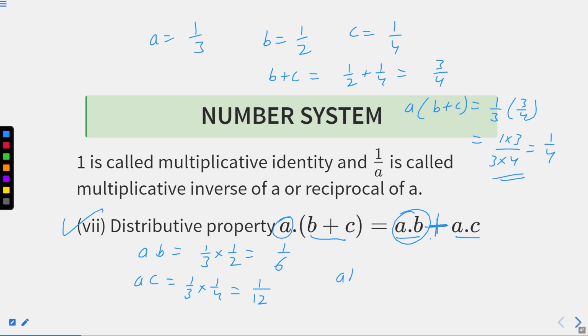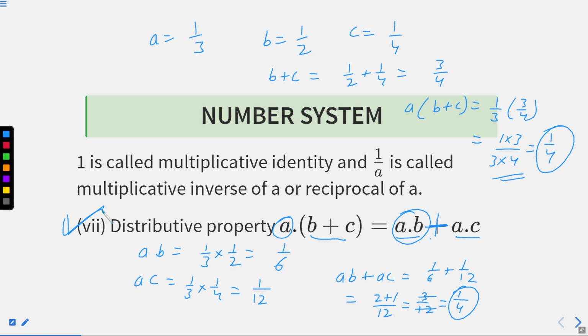Now adding ab plus ac, we get 1 by 6 plus 1 by 12, which is 2 plus 1 by 12, which is further 3 by 12. And here we can cancel out the common factor, which is 3. So we are left with 1 upon 4. So we verified this property also.